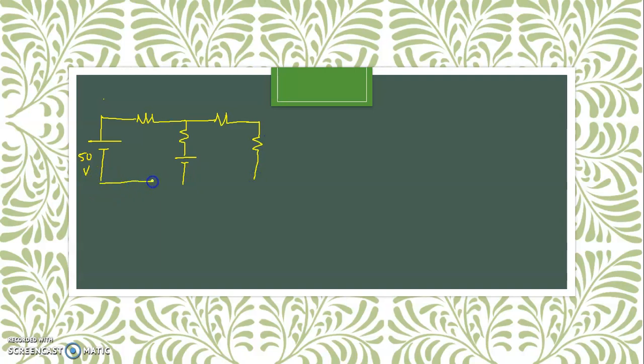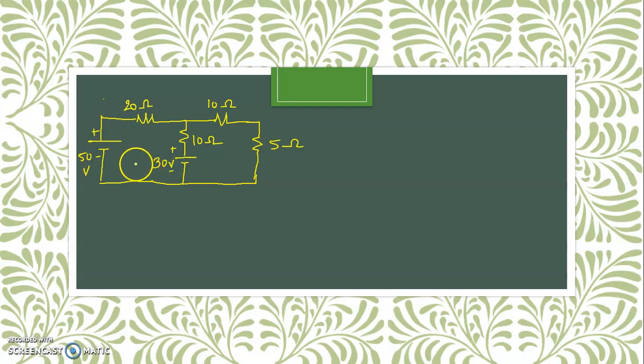So let us write the values. This, as I already said, is 50 volt. This is say 20 ohms, this is say 10 ohms, this is say 5 ohms, this again is say 10 ohms, and this voltage with positive negative sign is say 30 volt. This is also with positive negative sign.